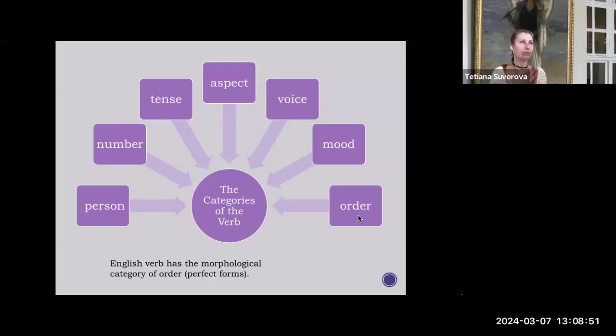So I can't say for sure how many forms each Ukrainian verb has; it's a very long story. But in English, each verb can have around 45 forms in its paradigm, and if we should decide which of them to choose, that is the category of order.